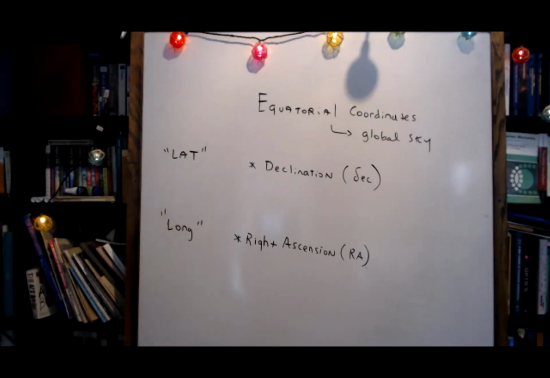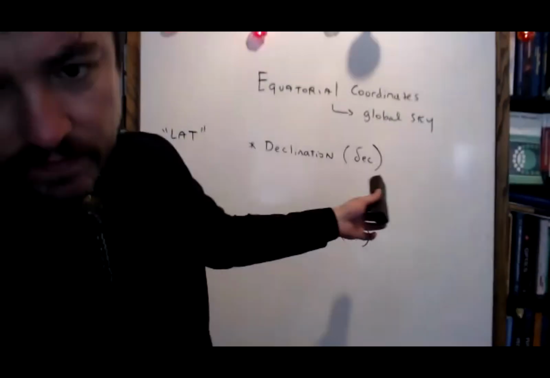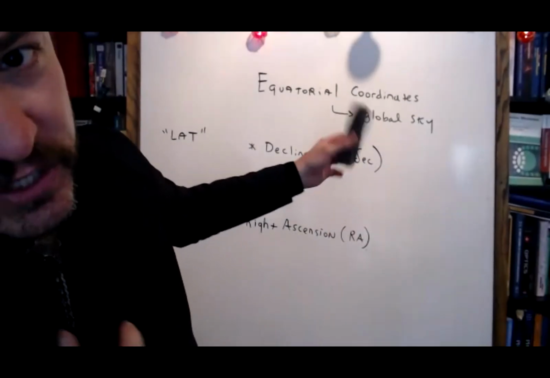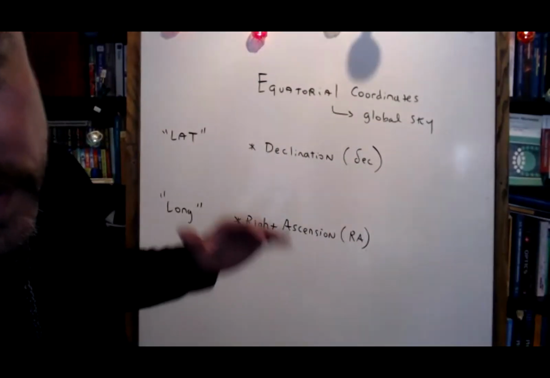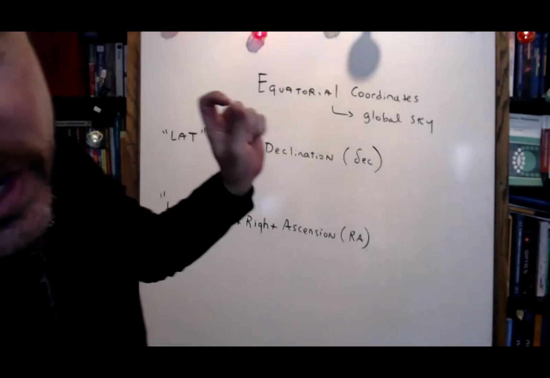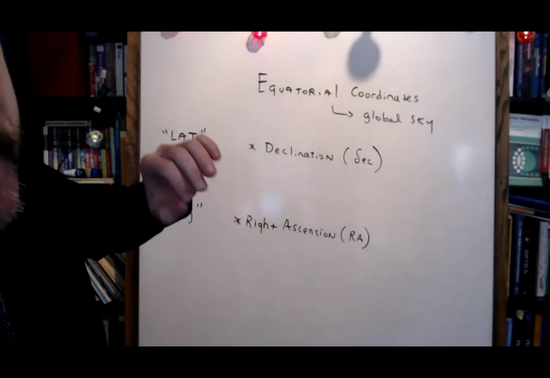And here are the definitions. Like latitude, declination will be measured above or below the celestial equator, but we're going to use positive and negative instead of north and south.